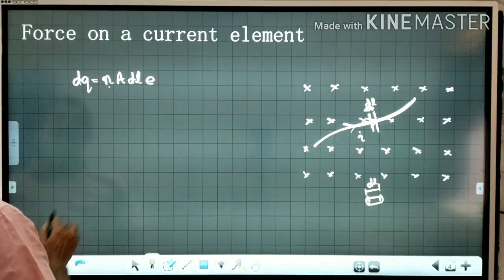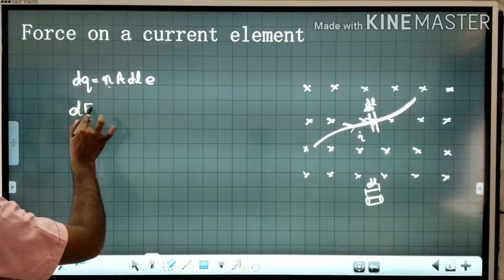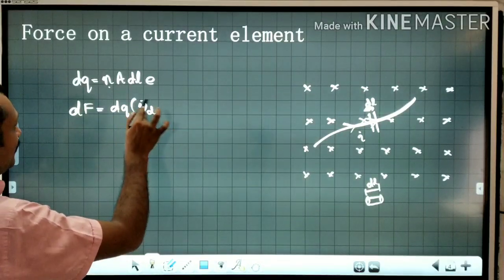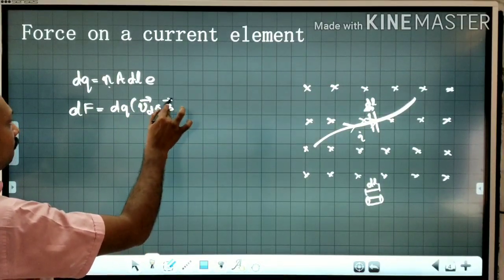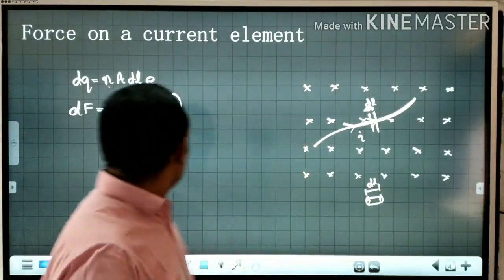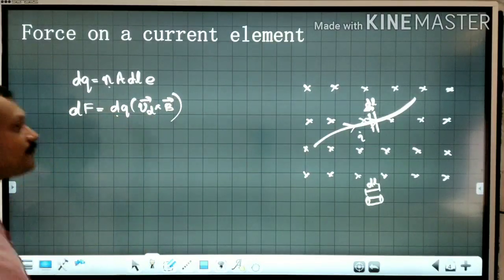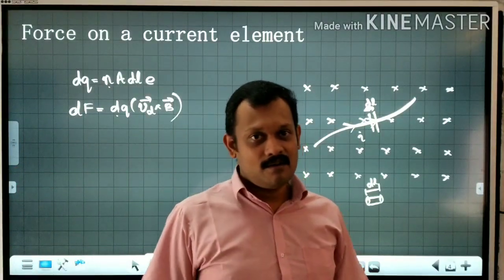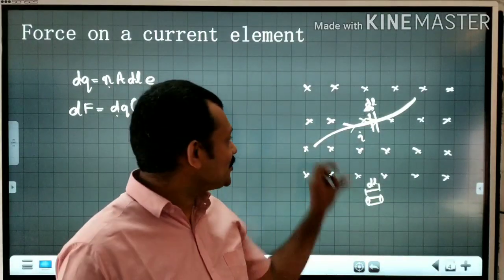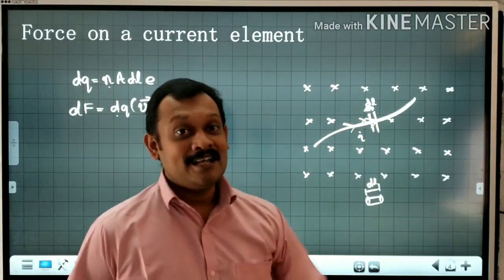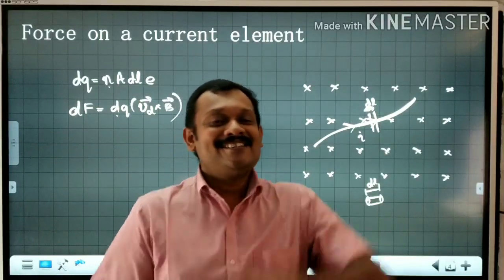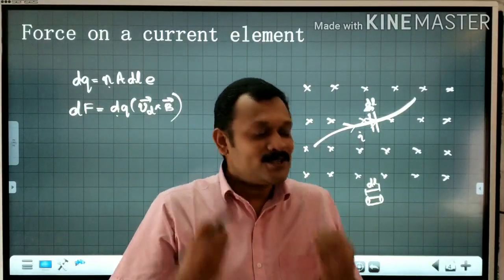So the charge is n A dl into e. Now the magnetic force dF on this element is equal to dq into Vd cross B. The magnetic force on a charge is q into V cross B, so here I am saying dq into Vd. What is Vd? Vd is the drift velocity, because I have taken a small element and the charge carriers are drifting through the conductor.